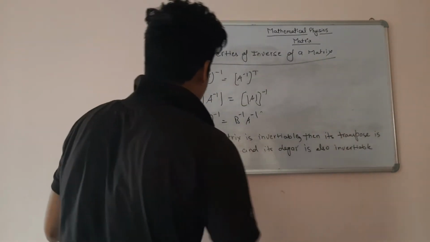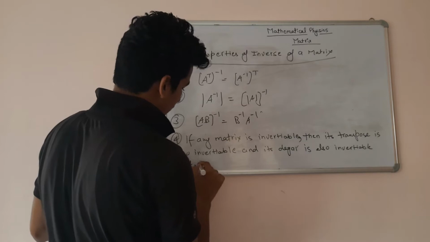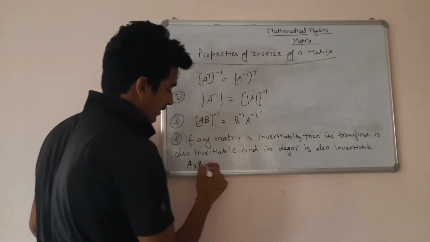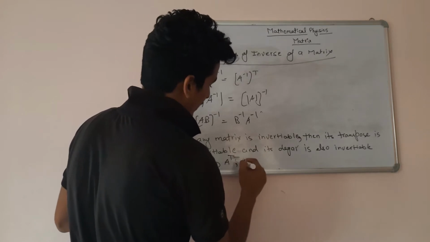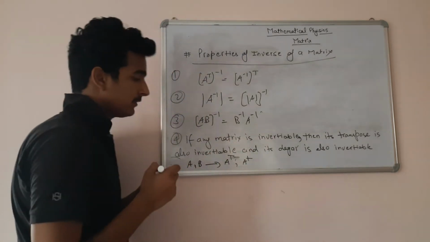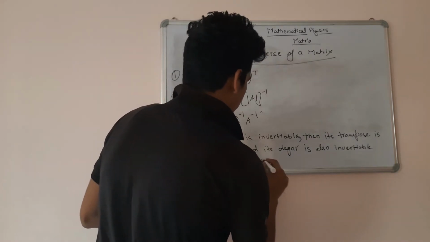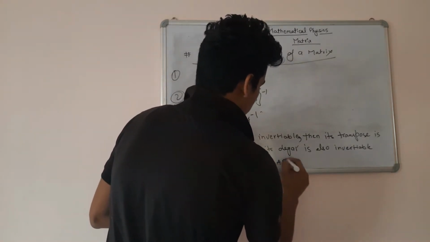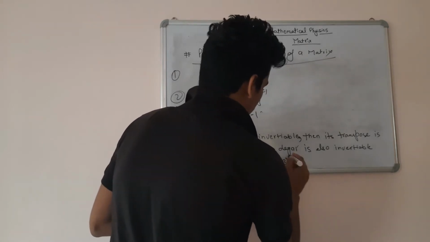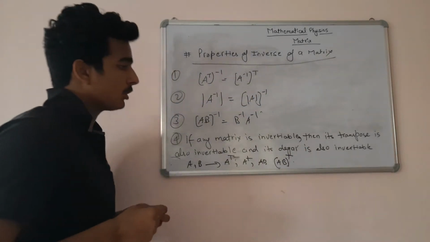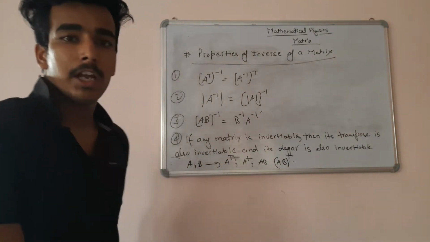If A and B are two matrices and they are invertible, then A inverse, A transpose, A dagger, this is the symbol of dagger, we will discuss this dagger in the next section, AB inverse, AB transpose, all these matrices are also invertible. This is the case when A and B are two invertible matrices.